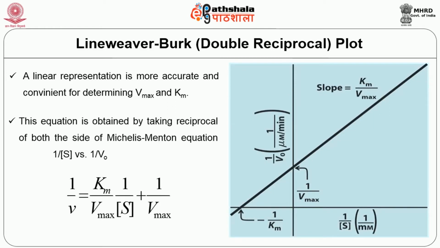This is also called a double reciprocal plot. This is the Lineweaver-Burk plot or the double reciprocal plot. This gives us a theoretical indication to calculate 1/Vmax. The slope is given by Km/Vmax, and minus 1/Km helps us in calculating the Km of a particular substrate for a given particular enzyme.